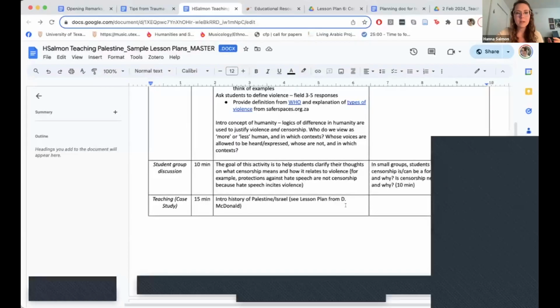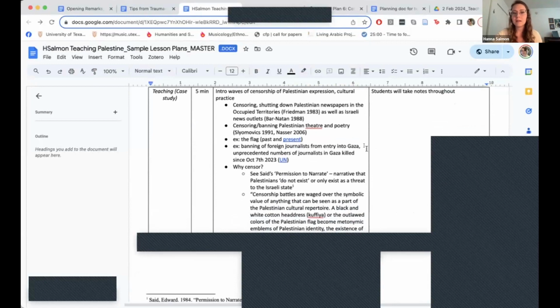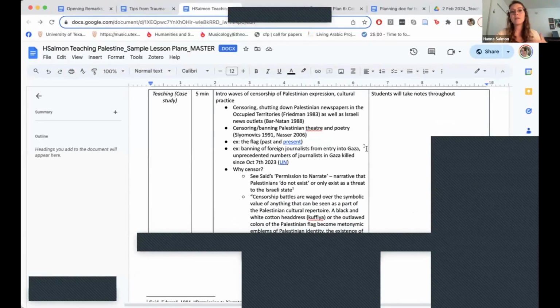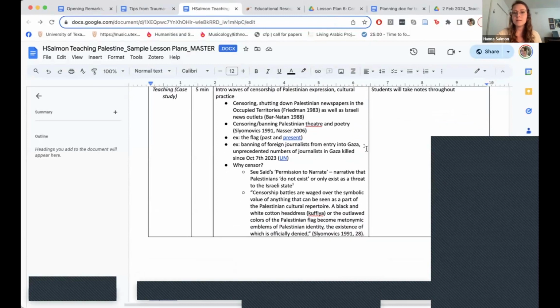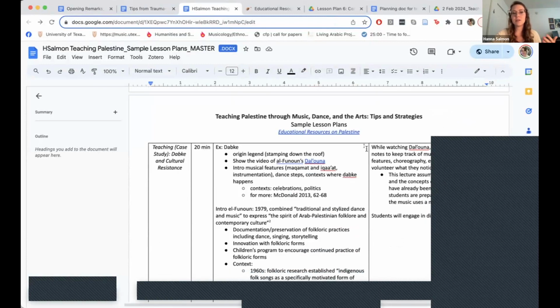From there, only after all of this conceptual discussion is it useful to start talking about Palestine in particular. So then you can start discussing examples of censorship as it happens in Palestine, which leads us to the question of Debka.